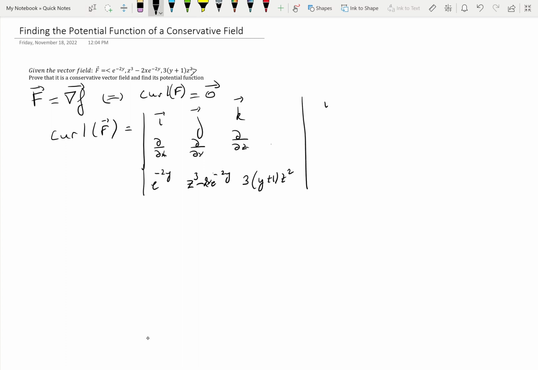And then I'm going to use the method of repeating the first two columns and use the products of diagonals and antidiagonals to find this determinant.